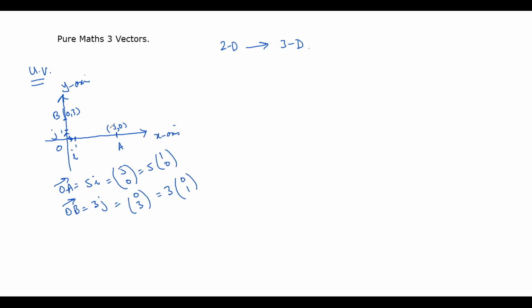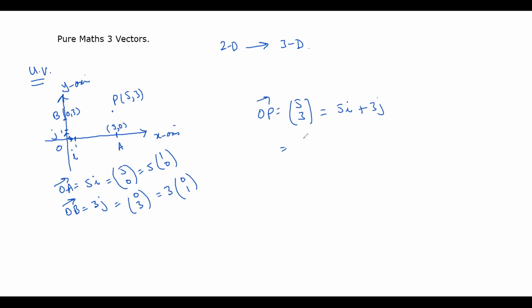Okay. Now, suppose you have a point over here. Let me call this point P. Its coordinates are (5, 3). So this OP can be written as (5, 3) in the column vector form, and its Cartesian form is going to be 5i plus 3j.